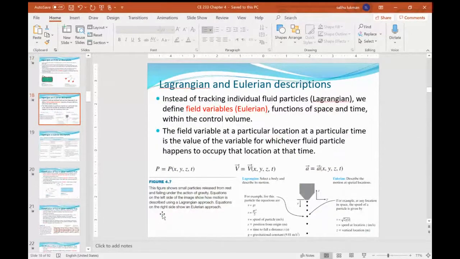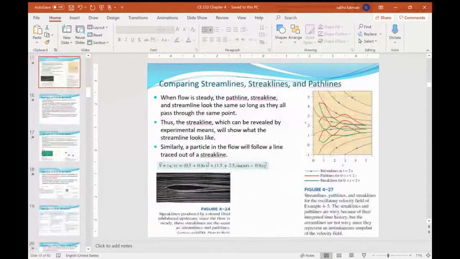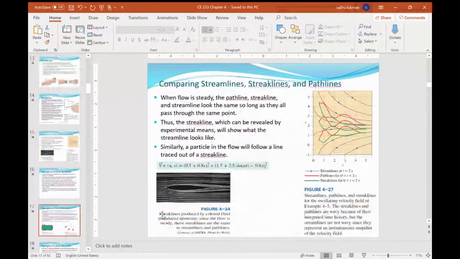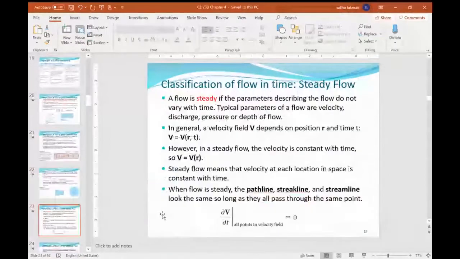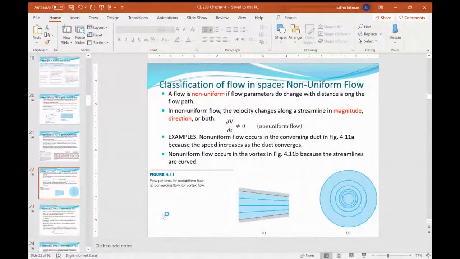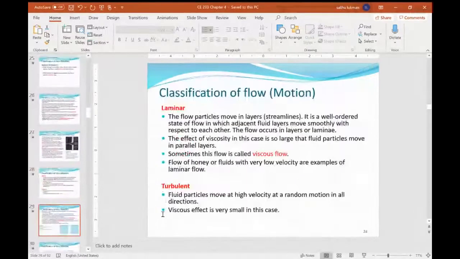Before we start the Euler's equation today, I would just like to highlight a few things with respect to acceleration. I'm describing the acceleration field.